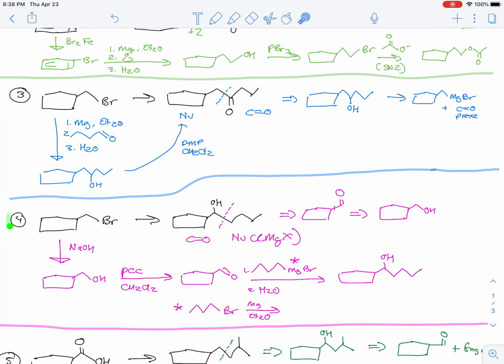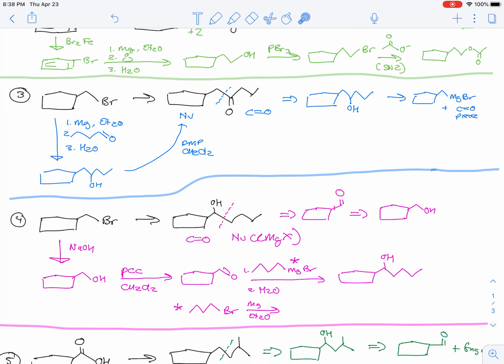So you kind of need to look at 3 and 4 together, because in both cases you're starting with the same starting material. But in one case, your final product has the oxygenated atom 1 carbon away from the ring, whereas in the other case, the oxygenated atom is on the ring.